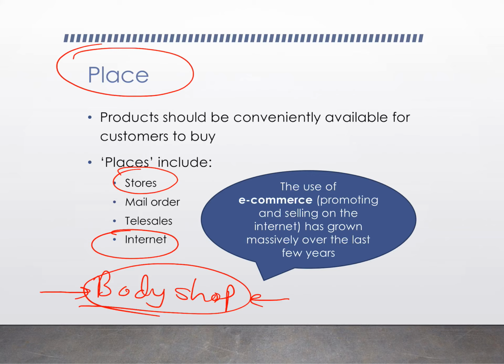If you type Body Shop on Google, you will find Body Shop. They have a cosmetic product range, but they are not testing products on animals, so they're very special. They're the same as Oriflame, the same as L'Oreal, but they're not testing any products on animals, and they're very natural.